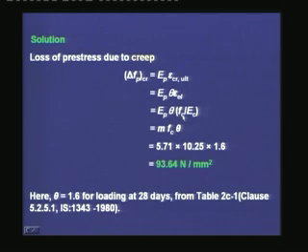Stress in the concrete divided by the modulus. This is Hooke's law we are substituting, and the ratio of Ep by Ec we can substitute by the modular ratio. Thus, the loss of pre-stress due to creep is equal to m times Fc times theta, and when we substitute the values, we get a drop in the pre-stress which is equal to 93.64 Newton per millimeter square.